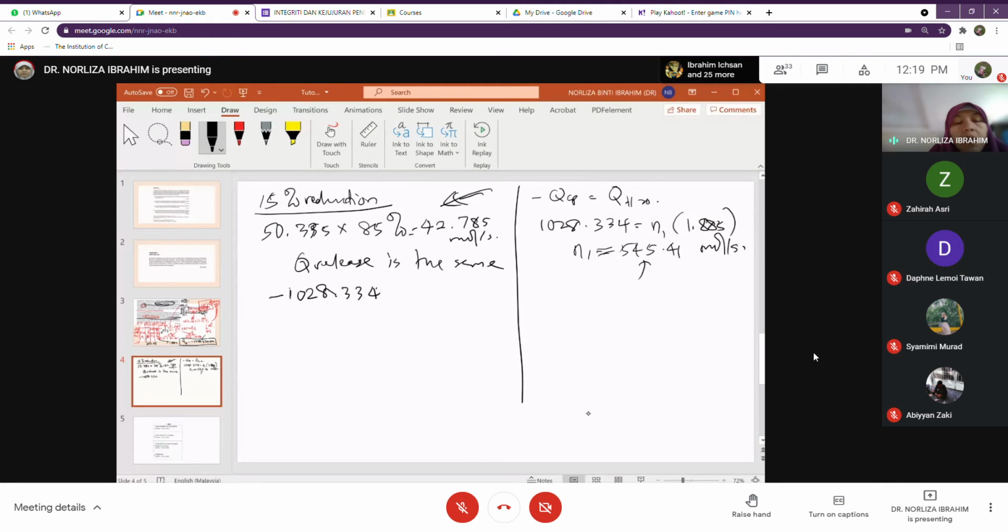Now from this, we need to find the new flow rate of the water. Referring to the table earlier, the new flow rate N2, because the previous one N1, N2, H1 is 1.885. That one is maintained, no need to do any other calculation.